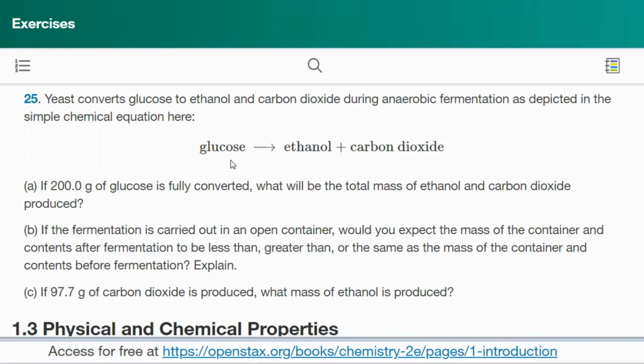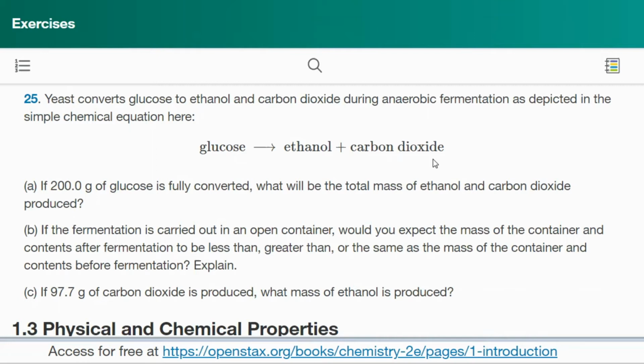If we're carrying out this fermentation and the glucose is turning to ethanol and carbon dioxide, but it's in an open container, that means the carbon dioxide is leaking out. So the mass after fermentation is going to be less than the mass of the container and contents before fermentation. That's contents inside the container, okay?